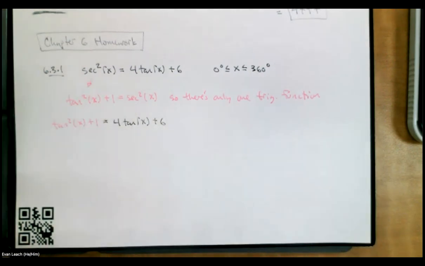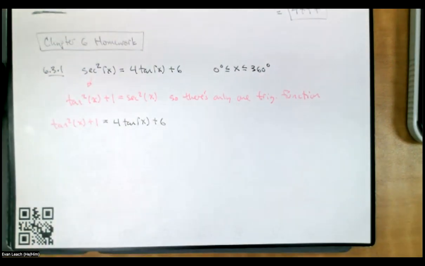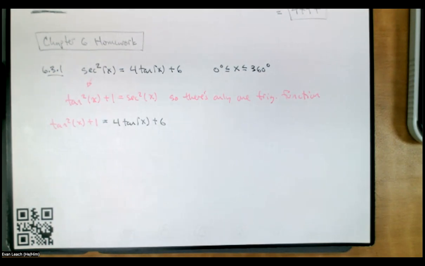plus 6. Then what we notice is that there's a tangent squared term and a tangent term. So this is set up as being quadratic in tangent.